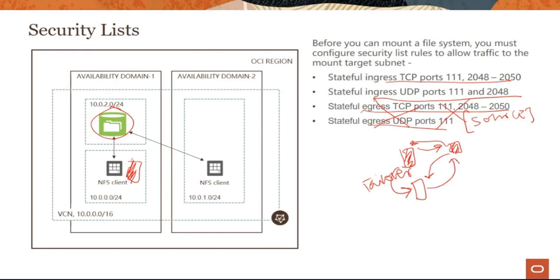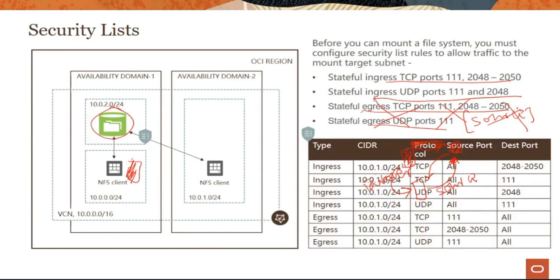Now the response has to go from here. So that's why you have to open specific source ports. Otherwise, this particular TCP connection cannot survive the reboot. The packets will get lost if you don't write these other rules. So that's the reason why we have those rules available there.